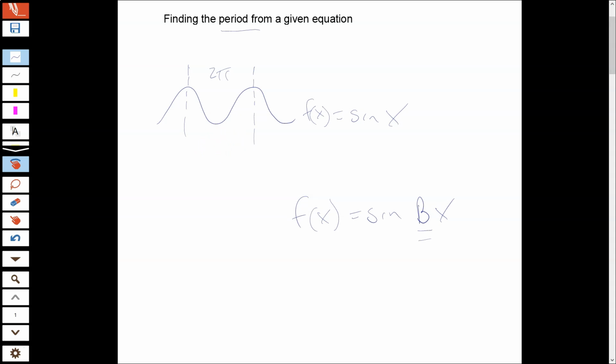And the relationship is that the period of the graph is equal to 2 pi divided by b. We saw this in the previous lesson. So that makes it very easy to figure out the period of a given function.